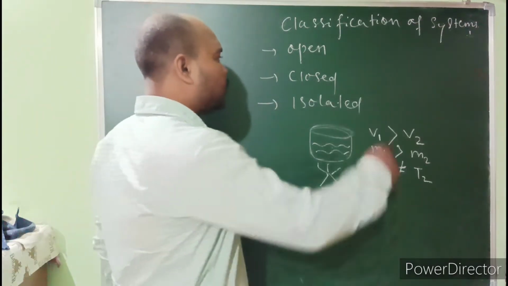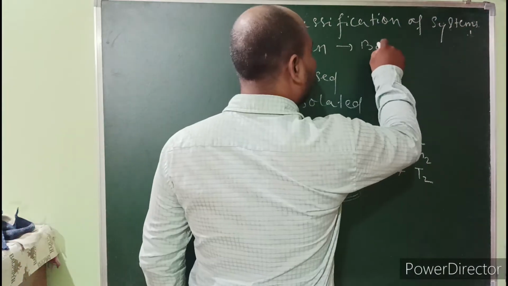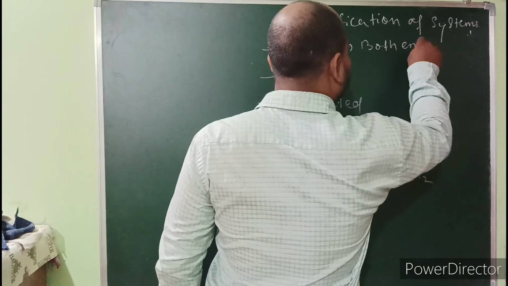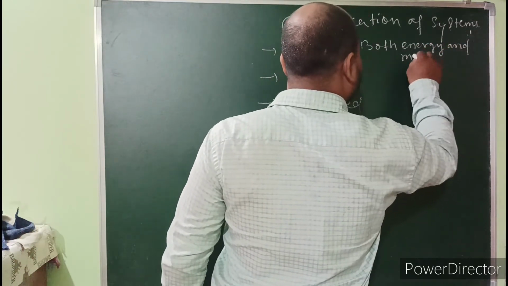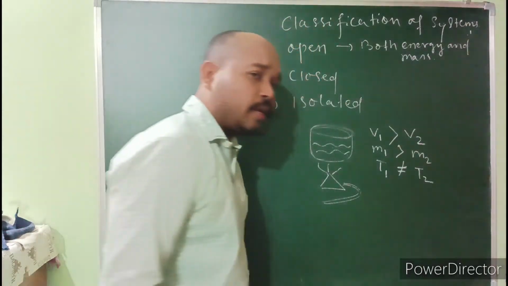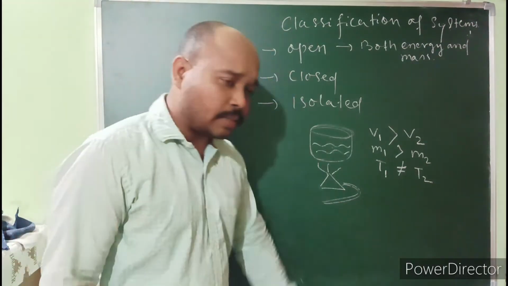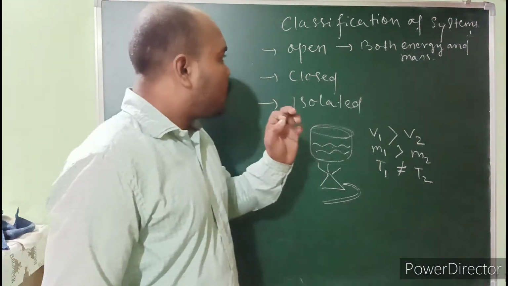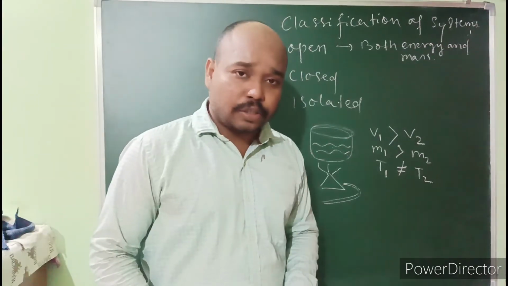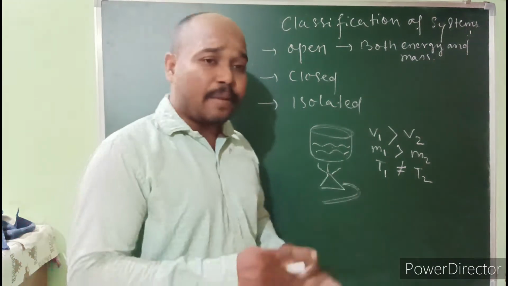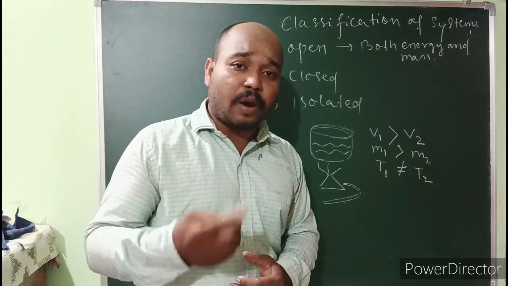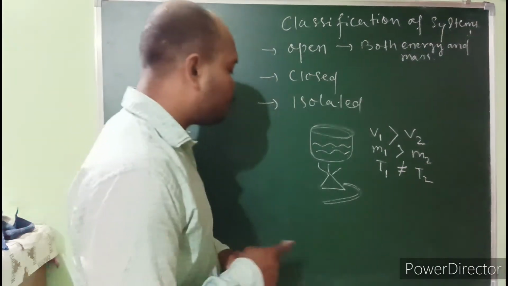So if in a system both energy and mass are exchanged, then we call it an open system. The system in which both energy and mass can be exchanged with surrounding is called open system.